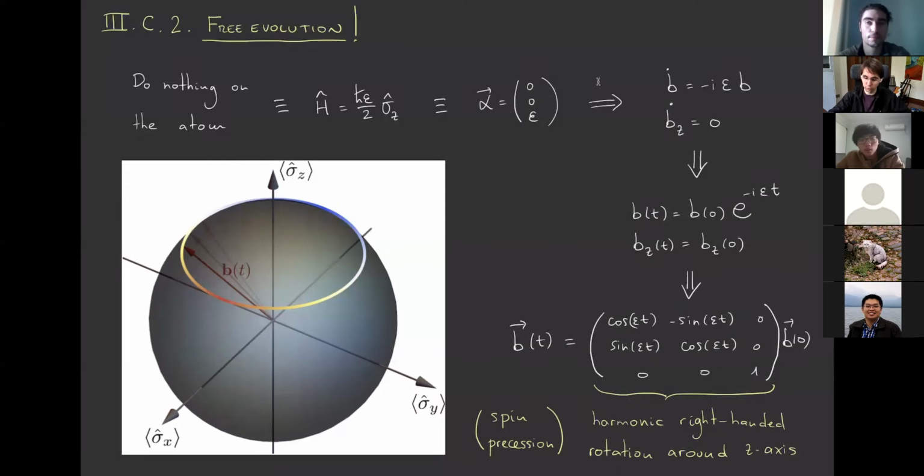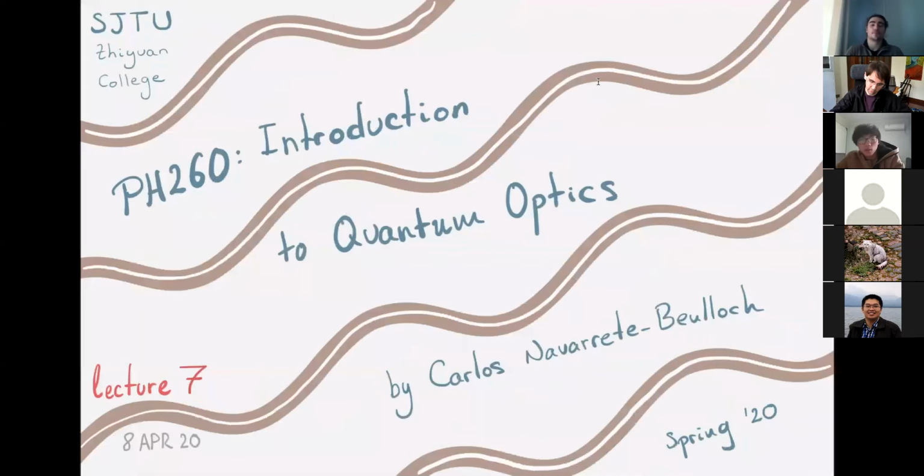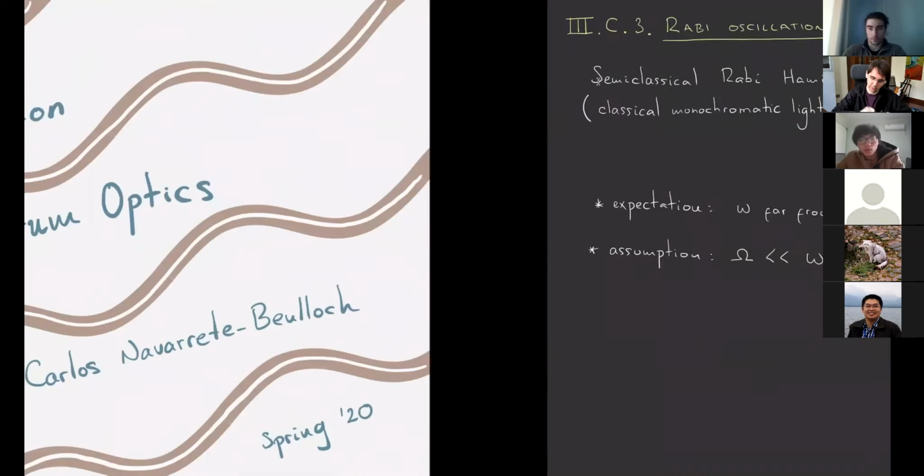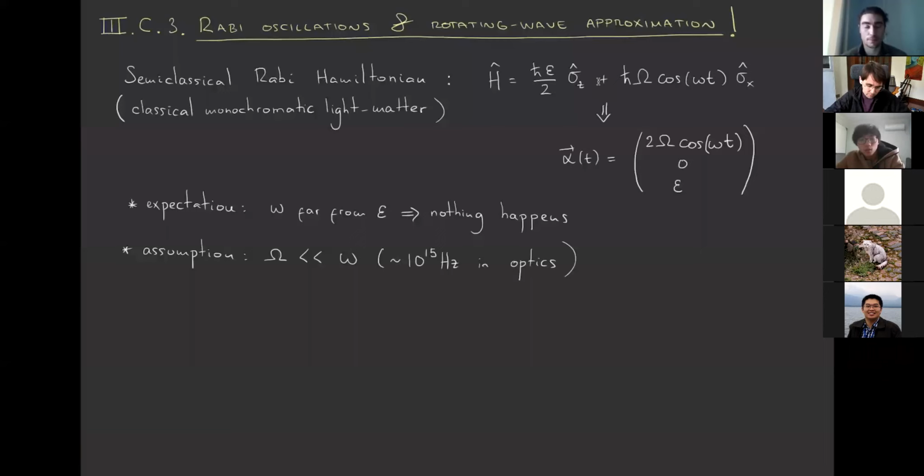Then what I want to do today, what we started seeing a bit yesterday, so let me go to the new part of the class, is what we call the evolution given by the semi-classical Rabi Hamiltonian. So what is the Rabi Hamiltonian?